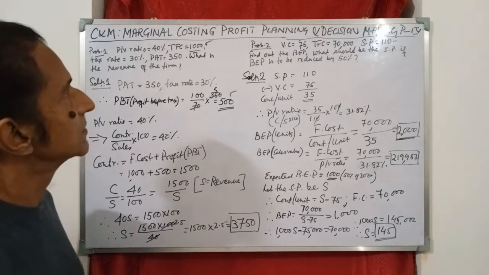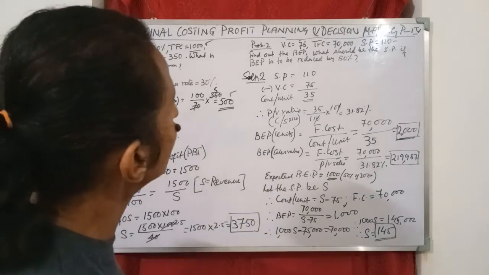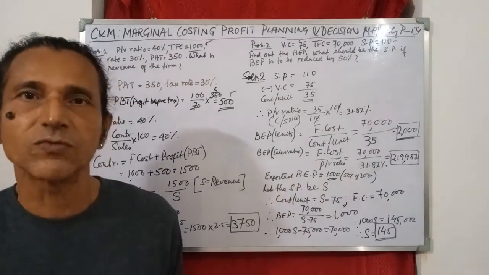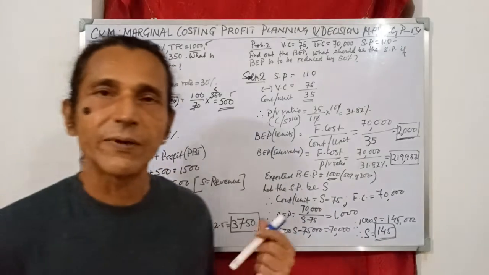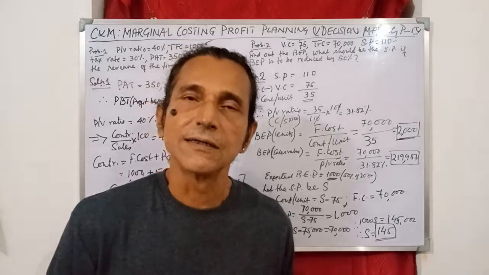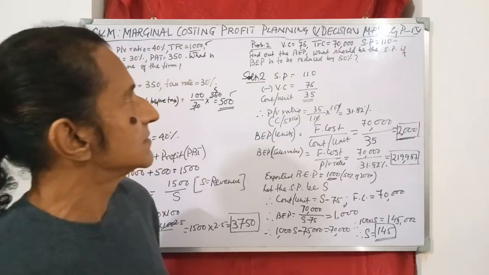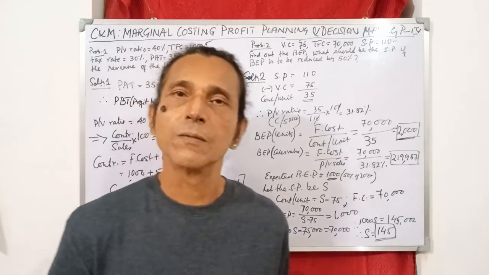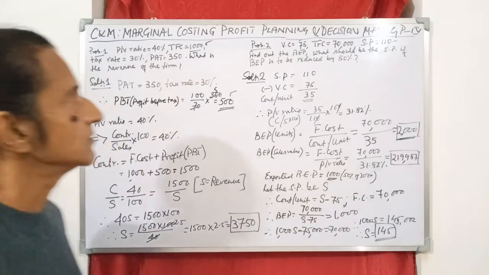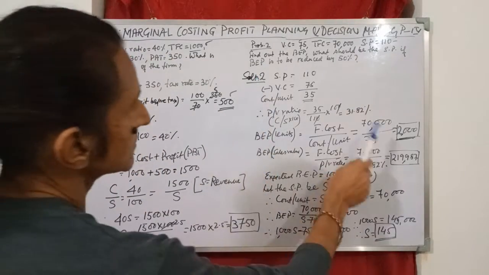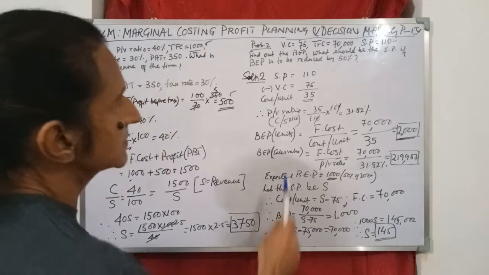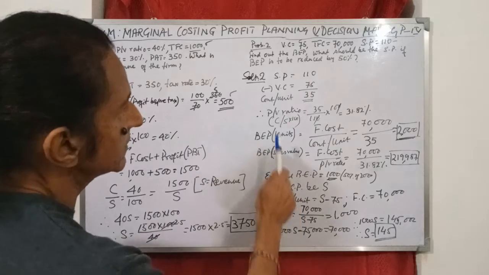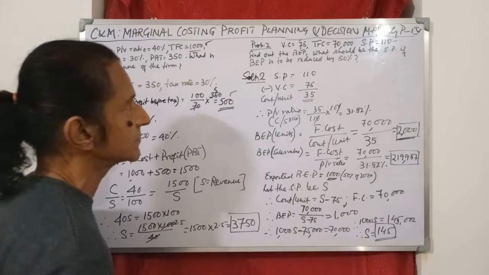So in problem number 2, we have the variable cost 75, total fixed cost 70,000, selling price is 110. We have to find out the break-even point and the sales price that the firm should charge for the product so that the break-even point can be reduced by 50%. So this part is the calculation of the current break-even point. Selling price is 110 minus variable cost per unit 75. Therefore contribution per unit is 35.